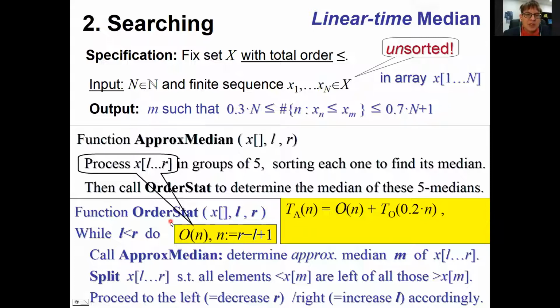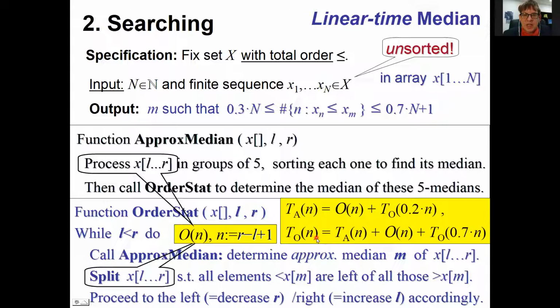Now we also need to analyze the second algorithm, because it gets called here. What is the cost of the second algorithm? Well, the second algorithm makes a recursive call to approximate median. So the running time incurred is the running time of approximate median, plus some overhead for splitting, which I still owe you the algorithm for. It is linear time for splitting, as we will see, plus the overhead for repeating the same again with order statistics.